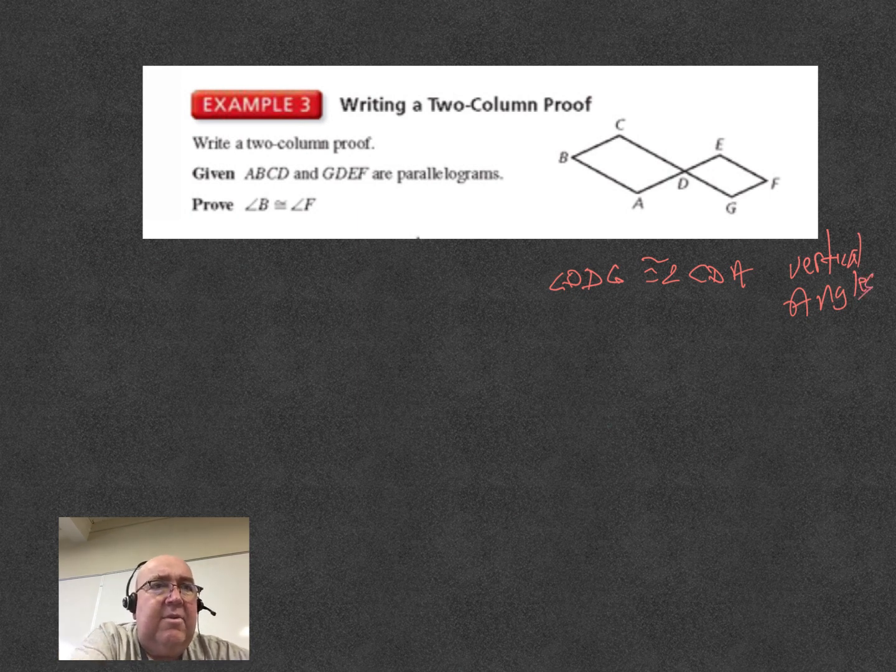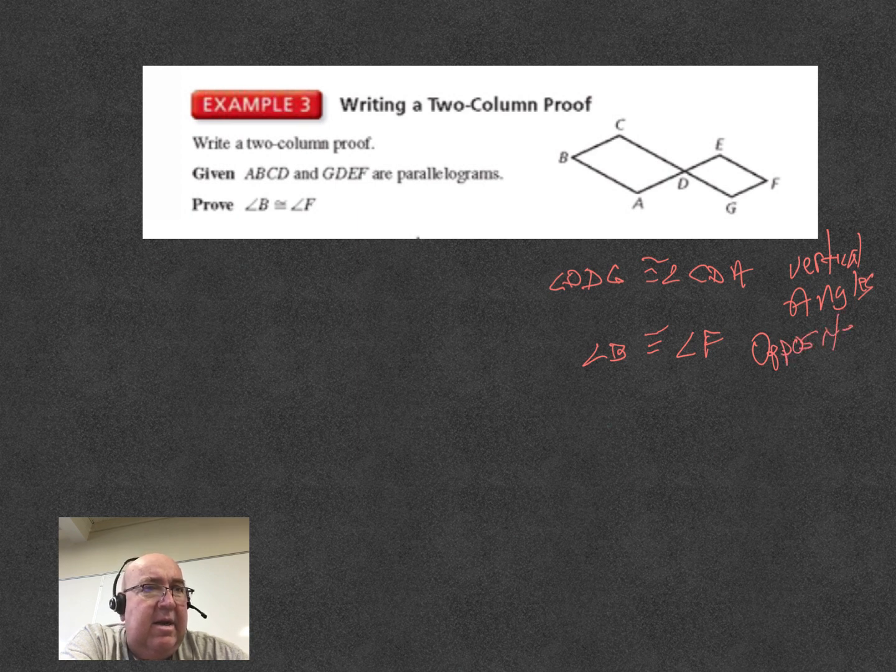We then know that angle B is congruent to angle F because of opposite angles in a parallelogram.